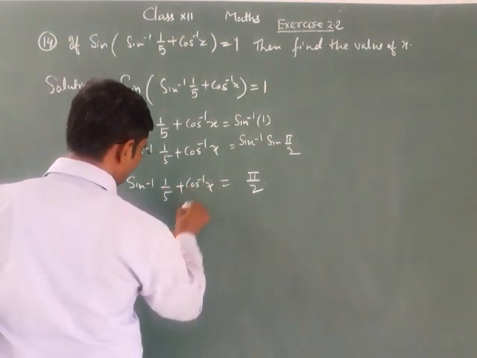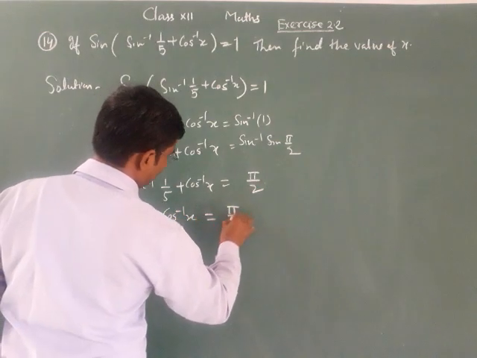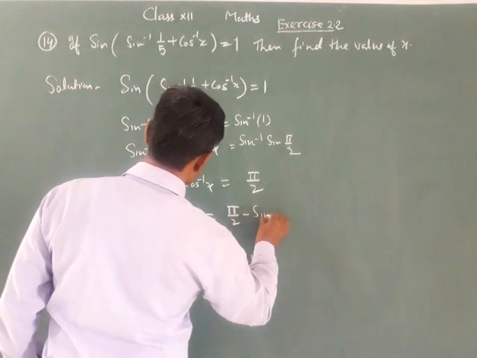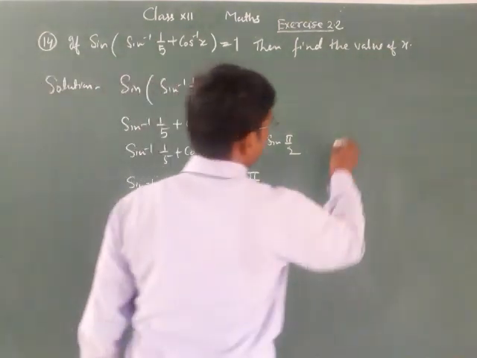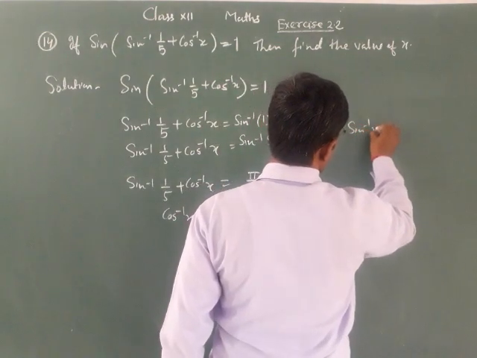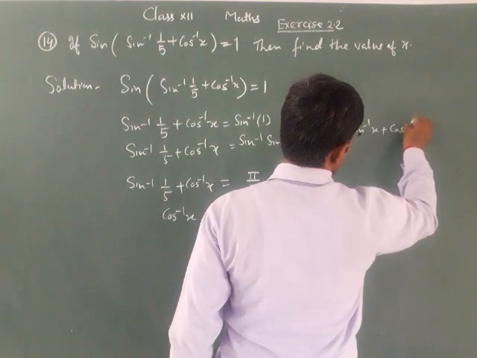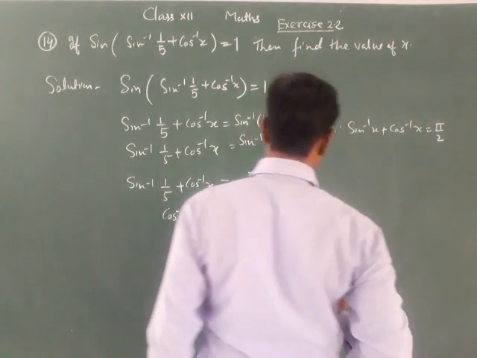So now cos⁻¹x is equal to π/2 − sin⁻¹(1/5), since we know that sin⁻¹x + cos⁻¹x is equal to π/2.